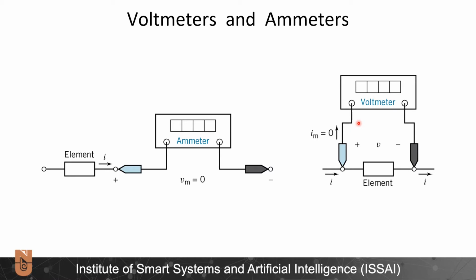Similarly, we measure the voltage of an element by putting the probes of the voltmeter at the two terminals of this element, and that way we are measuring the voltage between these two terminals.